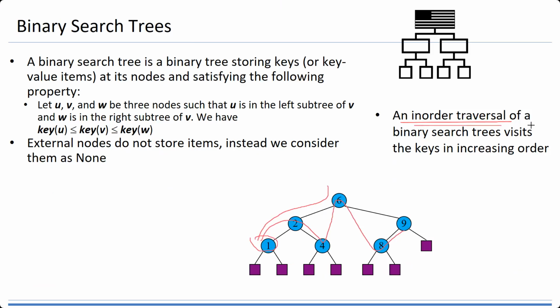The in-order traversal of a binary search tree visits the keys in increasing order. So we do the traversal from the smallest value, 1, then 2, then 4, then 6, then 8, then 9. So this is the in-order traversal.